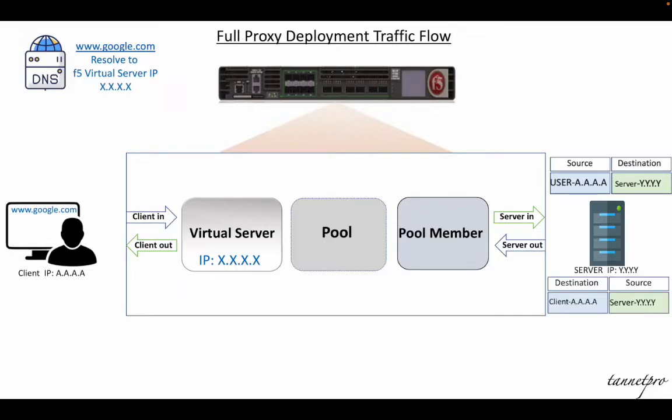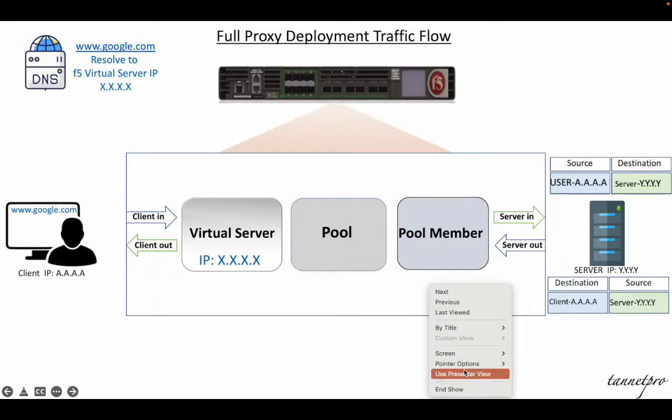So what will happen now, your server will send the traffic with destination client, right? So the destination is not changed. The destination would be your client IP, that is called AAA, and the server IP address is always the source, YYY. Try to understand here, because your server is responding. So YYY would be the return traffic source, and the destination would be AAA, right?